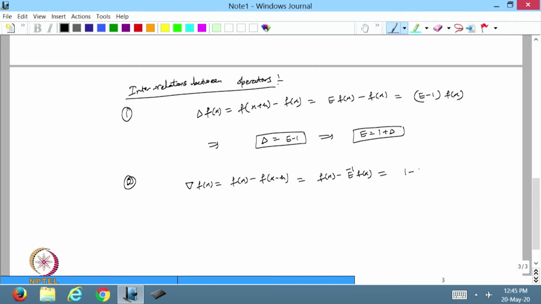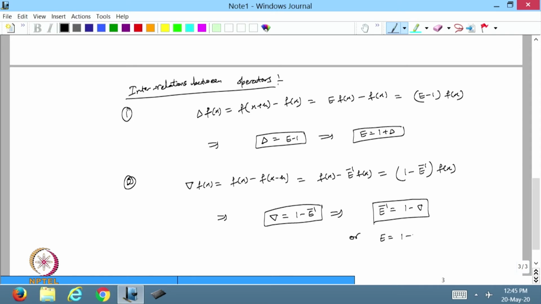From here I can write (1 minus E inverse) f(x). So I can say that nabla is equal to 1 minus E inverse, and based on this, E will be equal to (1 minus nabla) inverse. So that is the relation between the shift operator and the backward operator, just as before it was between the shift operator and the forward operator.